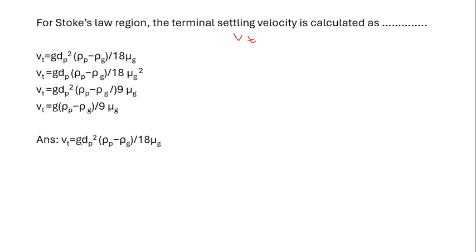Here g is the acceleration due to gravity and dp is the diameter of the particle. Rho corresponds to the density of the particle and the carrier medium, which is gas or liquid. And in 18 mu g, mu g is the viscosity. So the right answer is Vt equals g dp squared times (rho p minus rho g) divided by 18 times mu g.